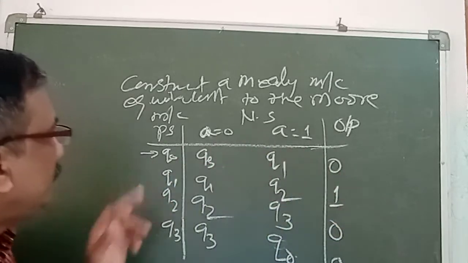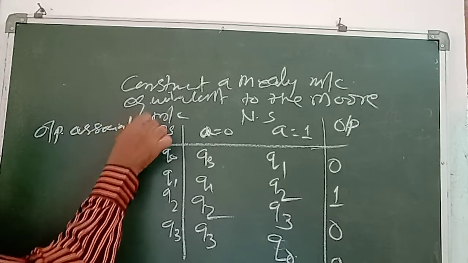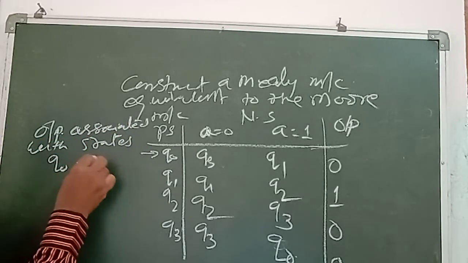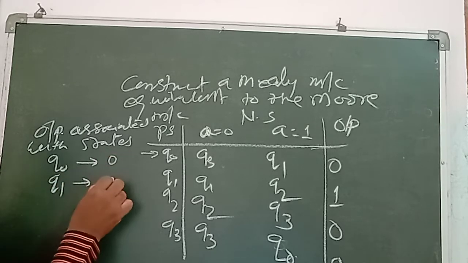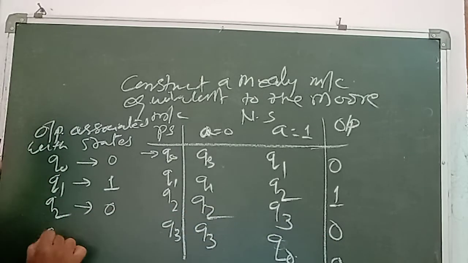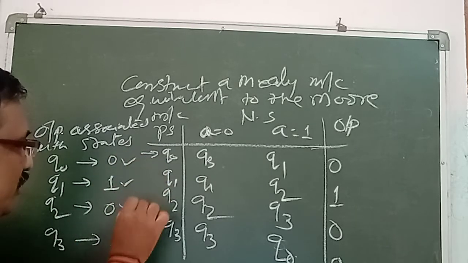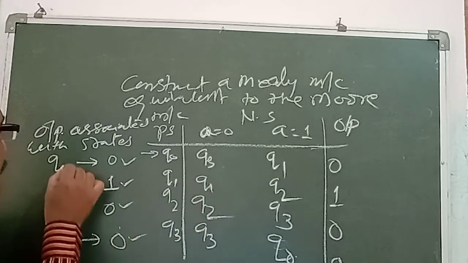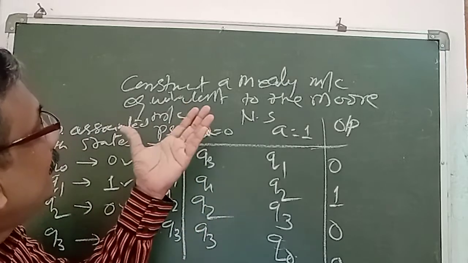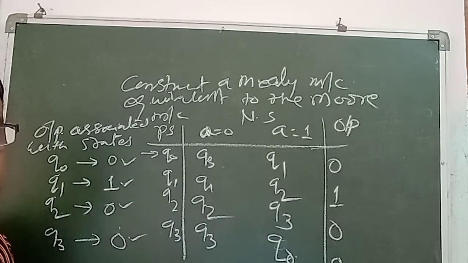Output associated with states are Q0's output is 0, Q1's output is 1, Q2's output is 0 and Q3's output is 0. These outputs are written besides these states, and easily we can convert this Moore machine into equivalent Mealy machine.